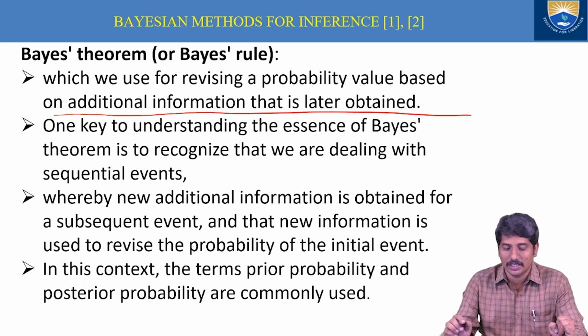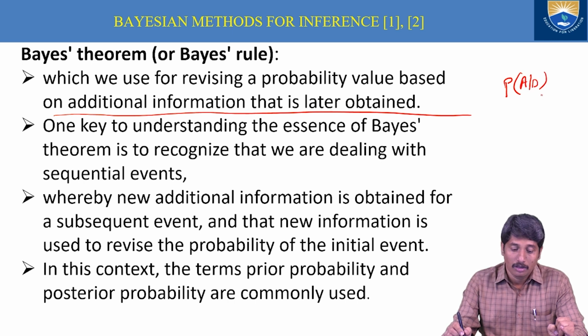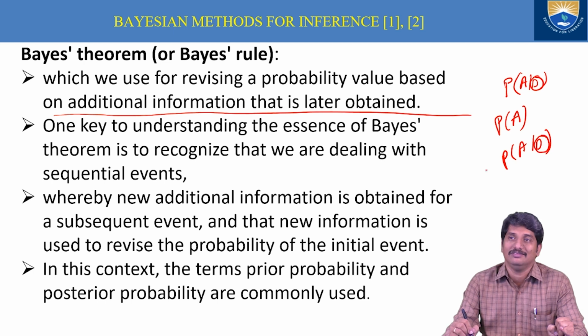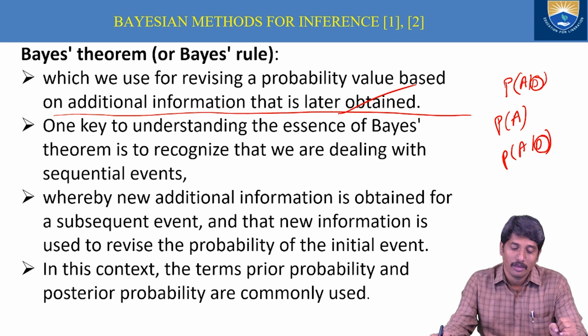First of all, you try to revise the probability based on the additional information. That means you might have a sense of P of A, but you will revise that into P of A given D, with the additional information D. That's what it is communicating to us.